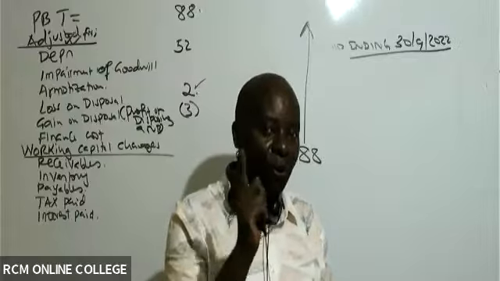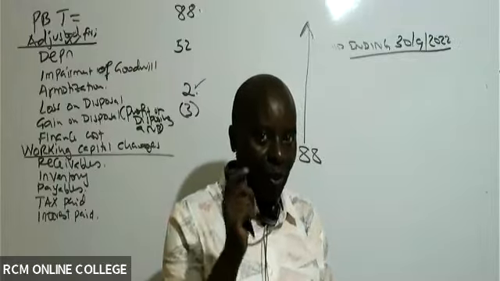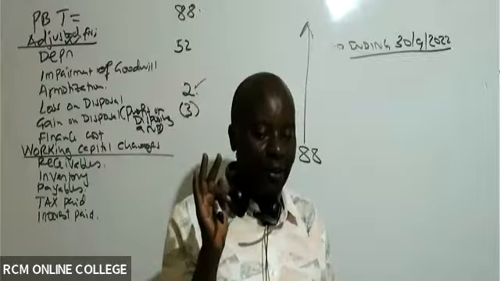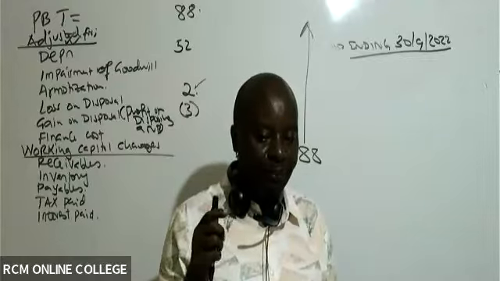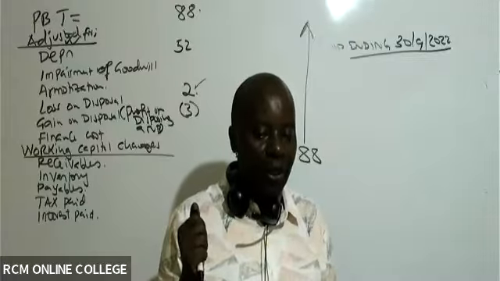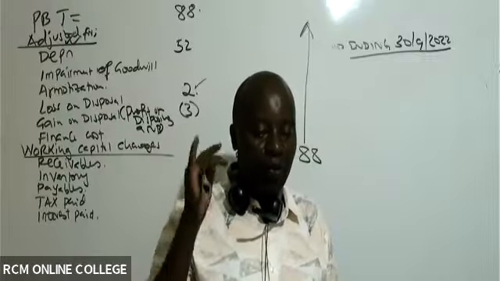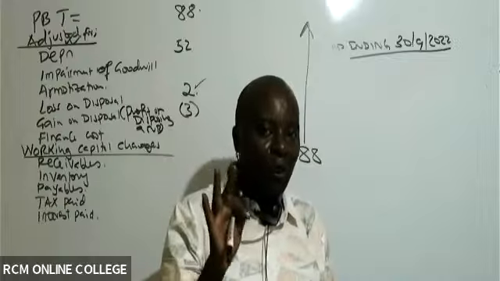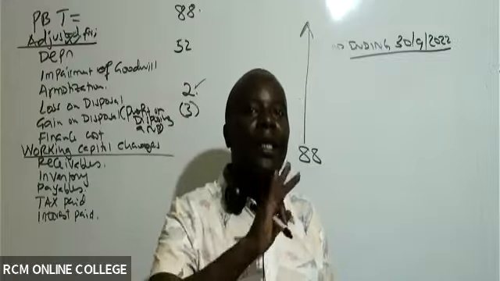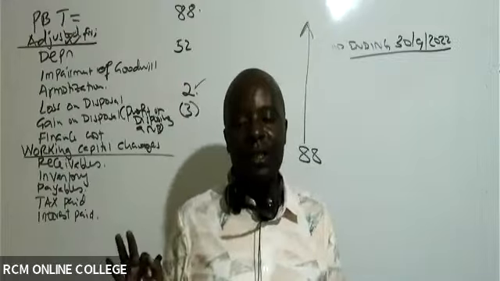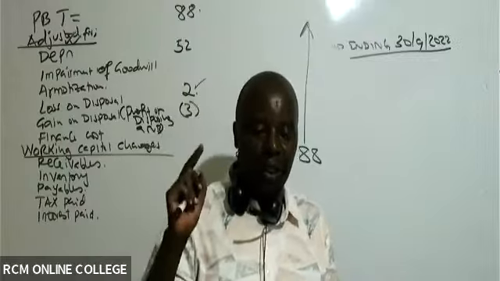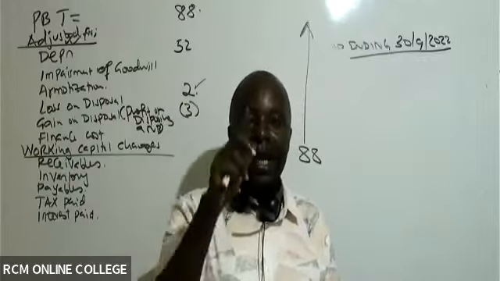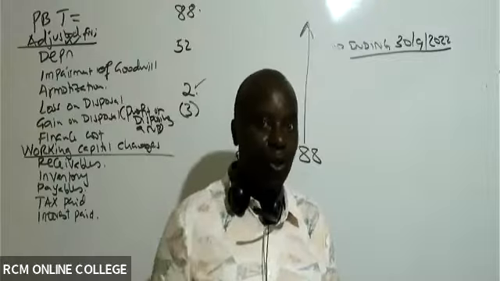Are you able to remember those operational items? There are only 3: revenue, cost of sales, and operating expenses. Any other thing there is never operational.